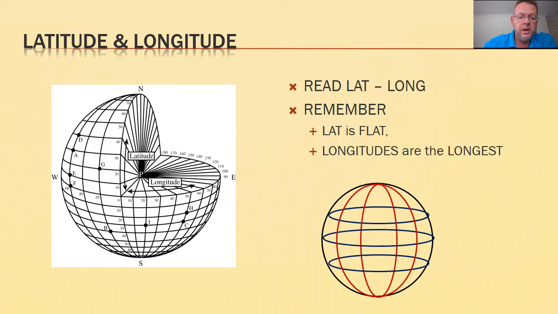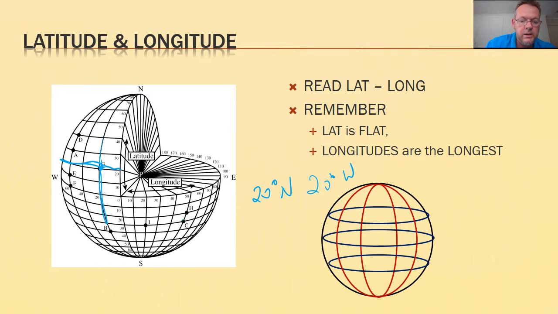We remember when we read different places on the surface of the Earth, we read lat then long. So I am going to see what line that is on, and it's 20 degrees. So if I'm looking at G, 20 degrees north, because it's north of the equator, then I read the up and down lines, which are longitude, lat then long, and that's 20 degrees west.